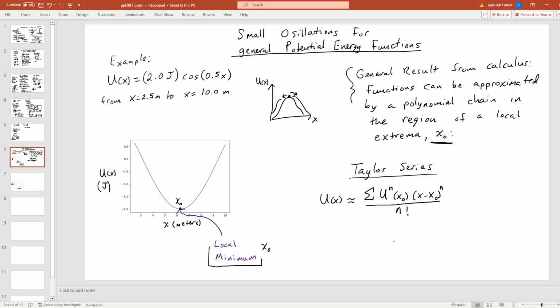So let's break this down. This is not an exponent. But this is an exponent.